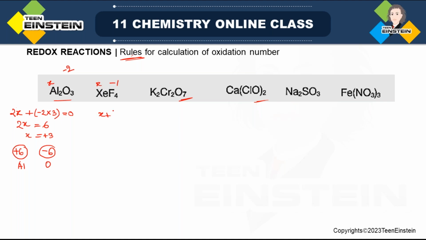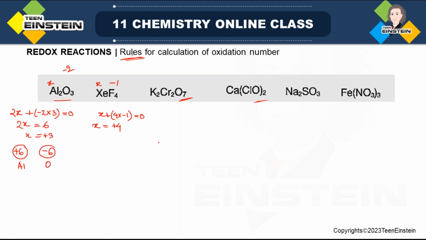So X plus 4 into -1, because there are a total of 4 fluorine atoms. Overall the molecule is neutral, so X will be simply +4. So the total positive charge is coming from xenon, which is +4. The total negative charge is also -4.